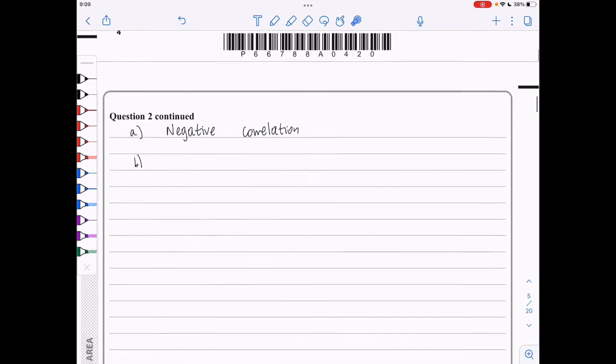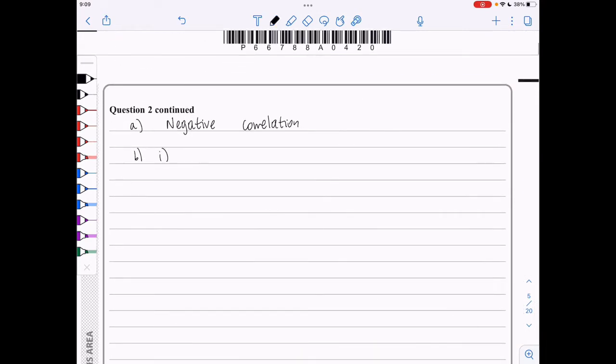So we could say that this could be the daily total rainfall. The more the temperature, the less the rainfall. So daily total rainfall, and this is measured in millimeters. Another thing you could mention would be pressure, and we know that pressure is measured in hectopascals.